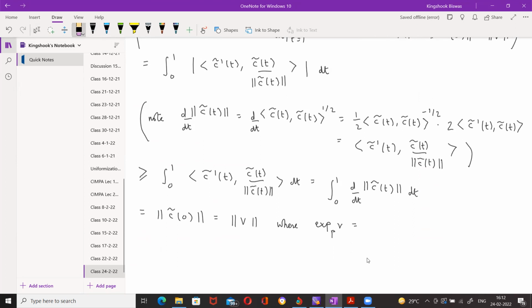C tilde 0 is 0, so this will be C tilde 1. So exp_p V is equal to gamma 1, which is equal to C of 1. And we've already shown that the norm of V is equal to the length of gamma, right? This calculation we already did. Gamma is the geodesic exp_p tV, right?